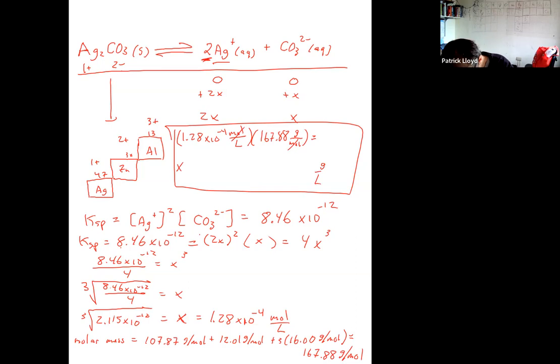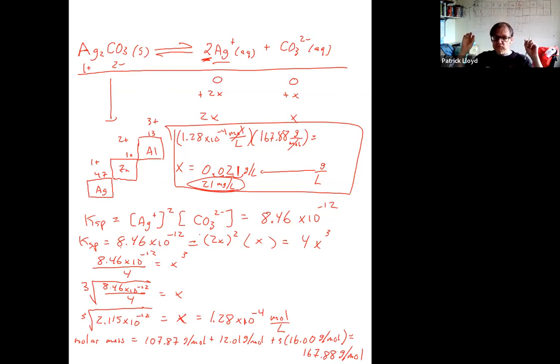So our value of x, which is the solubility, times 1.28 times 10 to the minus 4, and you get 0.021, 2 significant digits, and that's grams per liter. Now, you could get fancy and say that's a pretty small number; if I moved it over 3 places, I'd get milligrams, so you could also say it's 21 milligrams per liter. But the ALEKS problem usually would just stop at grams per liter.